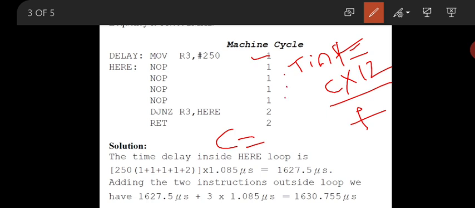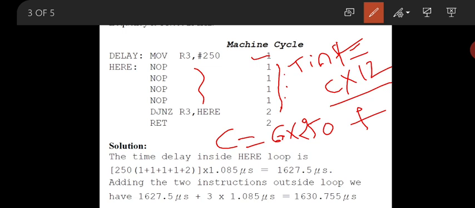Now DJNZ R3 is 2 more, so 4 plus 2 is 6. That is 6 into how many times this is repeated here? It will be repeated 255 times.